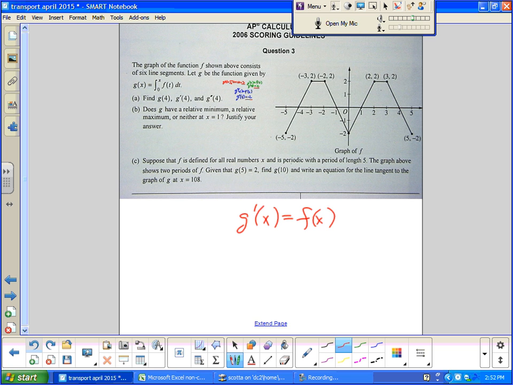You agree? So at x equals 1, I see G prime of 1 is 0. And now, I am very interested, what's happening to the sign of f of x? Because that is G prime.